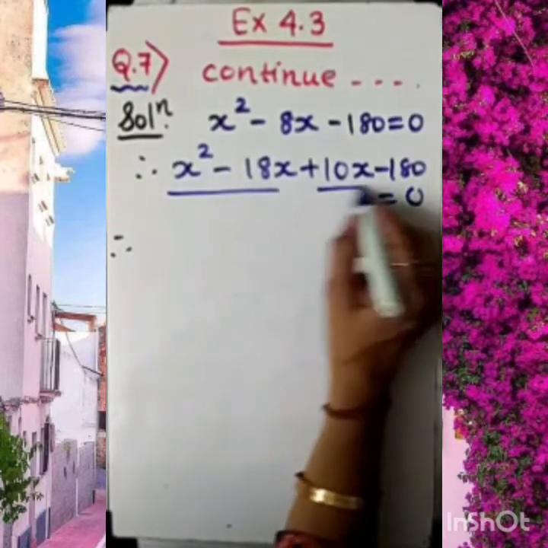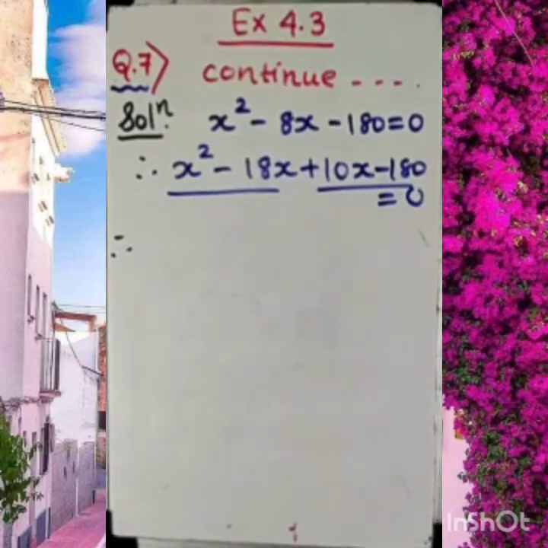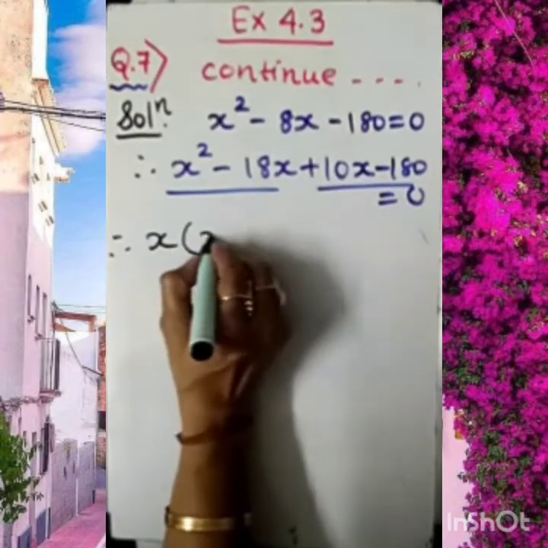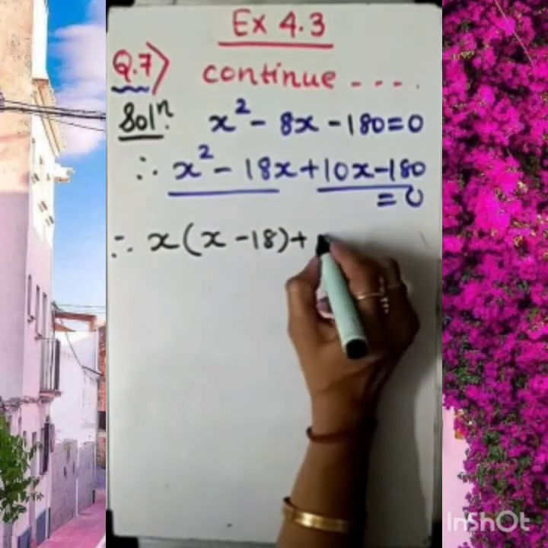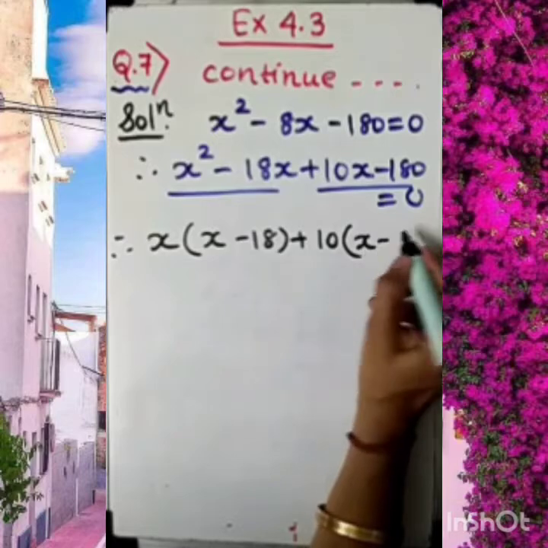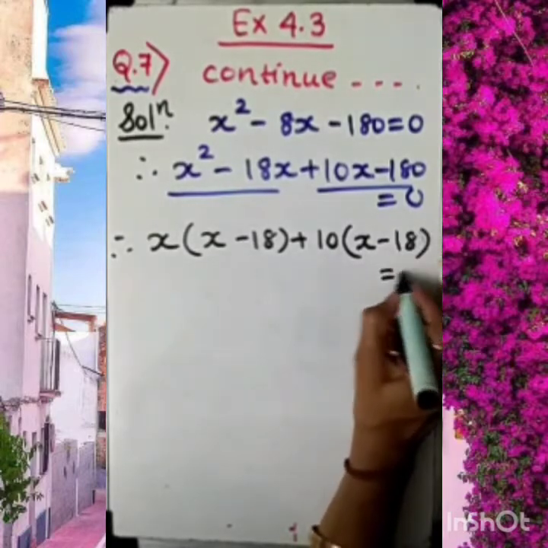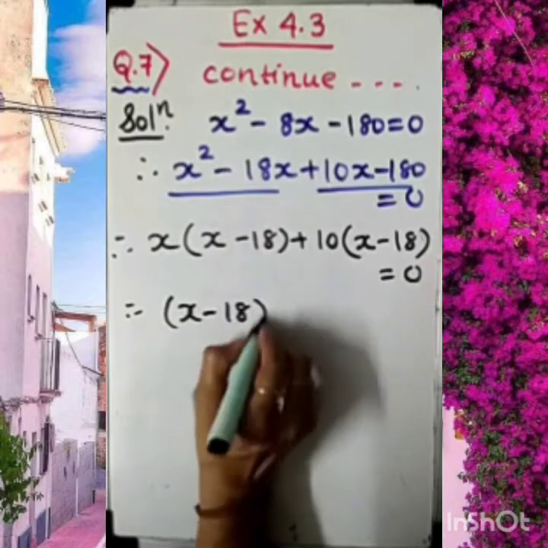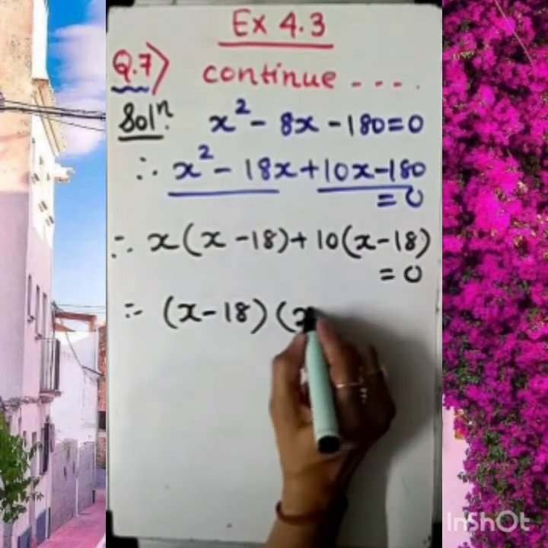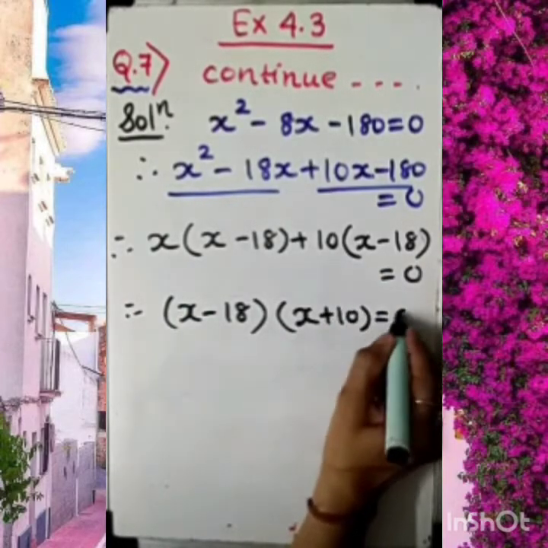Let me make pairs. From the first two, I am taking x common, so I will have x minus 18 inside the bracket, plus from the other two terms 10 is common, so x minus 18. Both of these brackets are similar, so let me write it one time, and x plus 10 in another bracket, which is equal to 0.